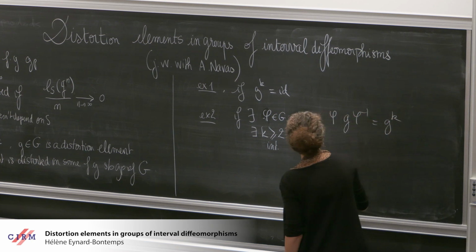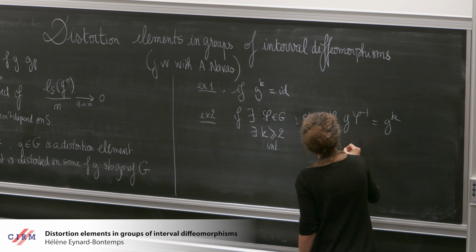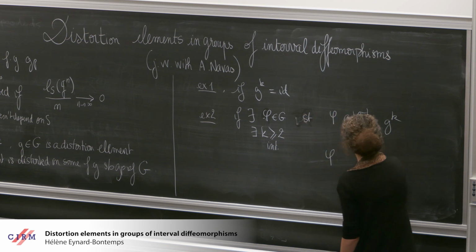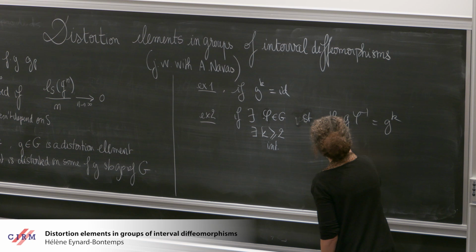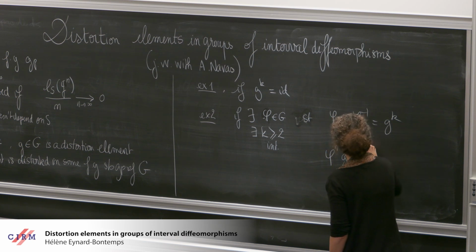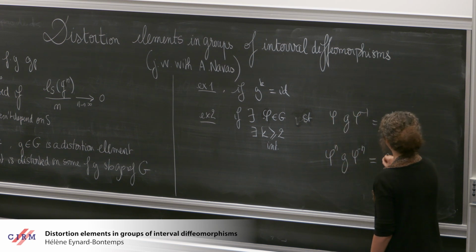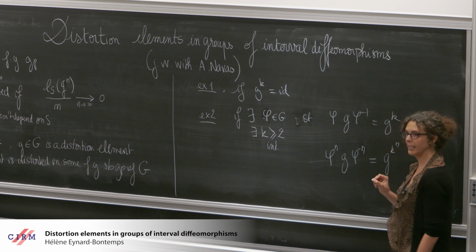Then you can see that phi to the n g phi to the minus n is equal to g to the k to the n.